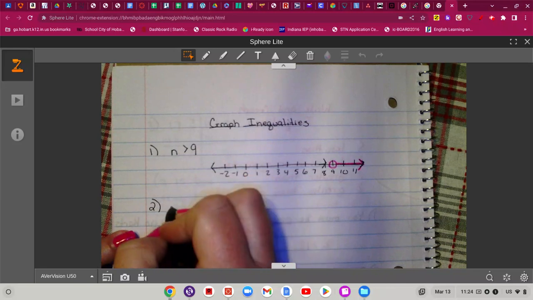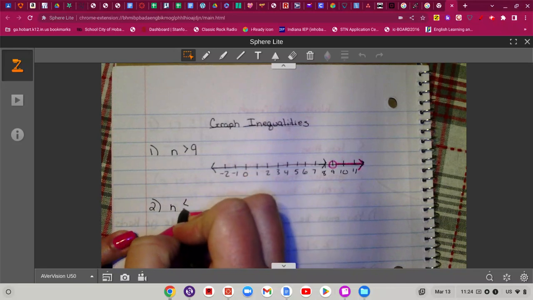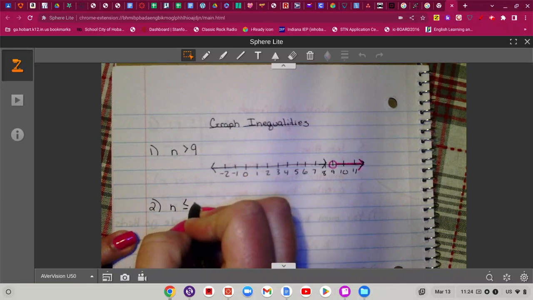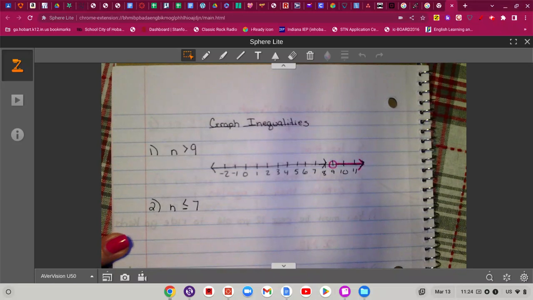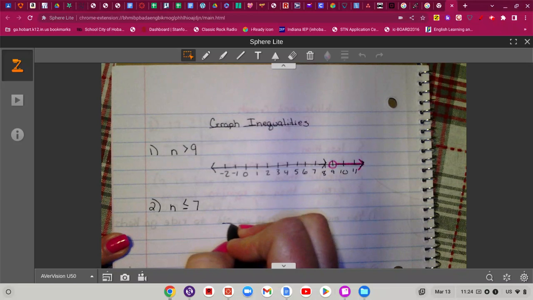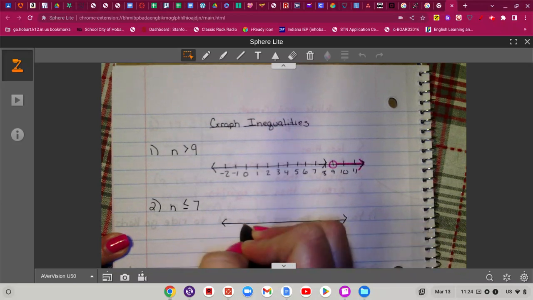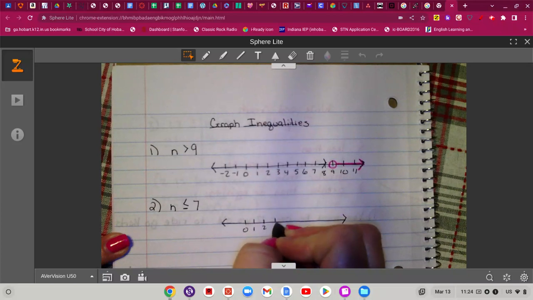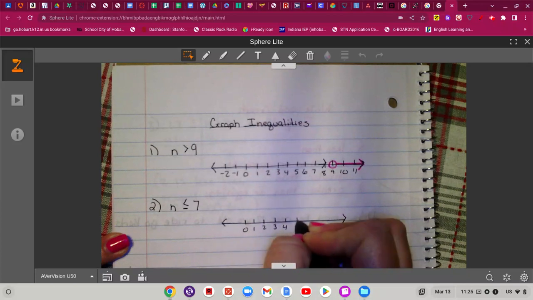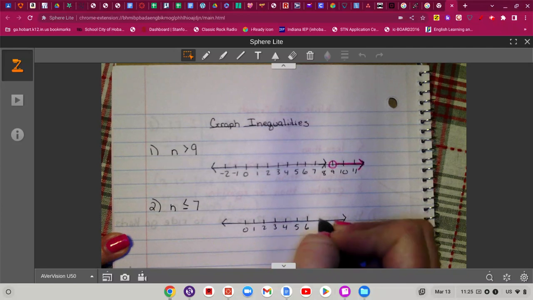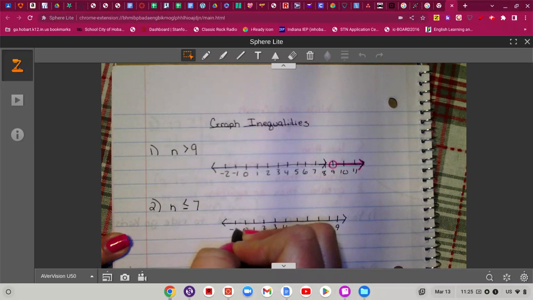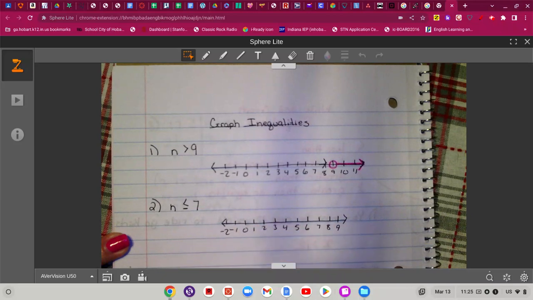Another example. If n is less than or equal to 7. Less than or equal to 7. So again, you're going to draw your number line. Let's do 0, 1, 2, 3, 4, 5, 6, 7, 8, 9, -1, -2.